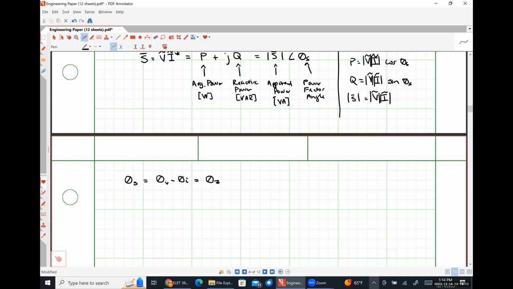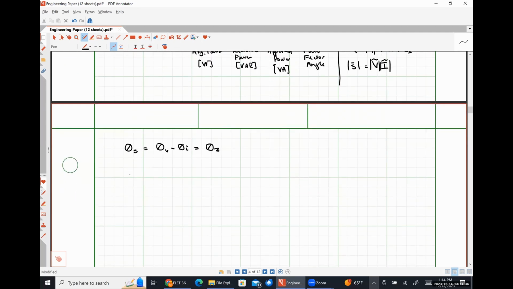Okay. So this begs the question, how do we solve for the phase angle theta S and theta Z, because they're the same thing? We were told what power factor our load operates at. The power factor is what's related to that quantity, theta S, right? So we have power factor is equal to the cosine of theta S. That's how the power factor is literally defined.